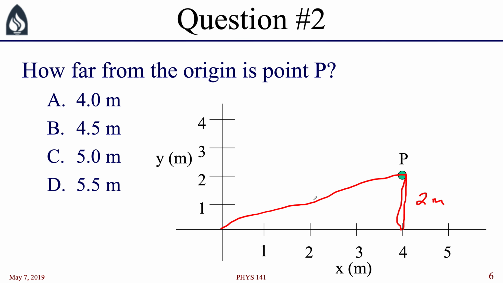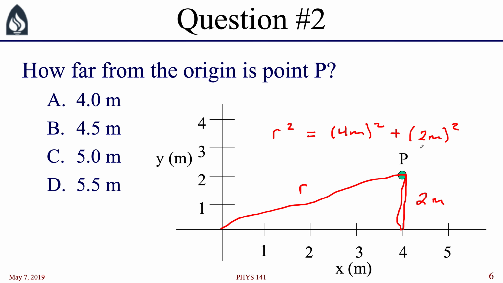So we can see that we have a triangle here, and this distance that the point P is from the origin corresponds to the hypotenuse of this triangle. So we could use the Pythagorean theorem. Because we are looking for the hypotenuse, I'll call it r. And we know that r squared would be equal to one leg of this triangle, which is 4 meters, so that would be 4 meters squared, plus the other leg, 2 meters squared.